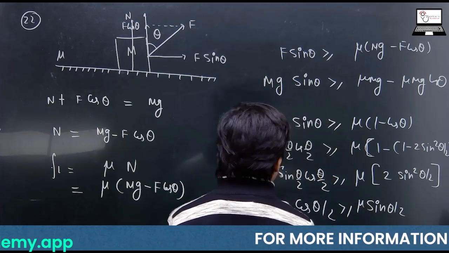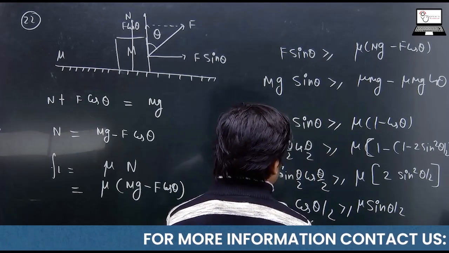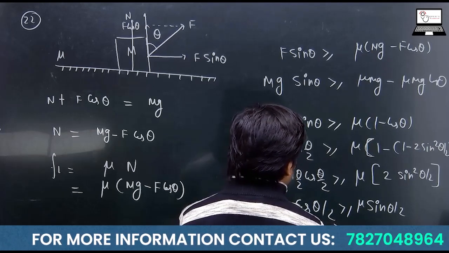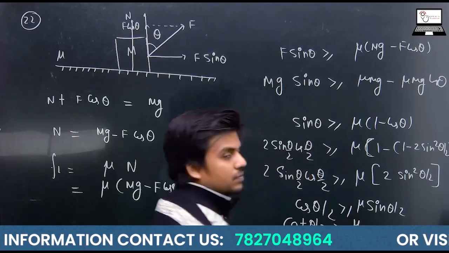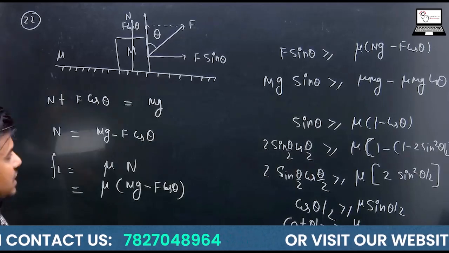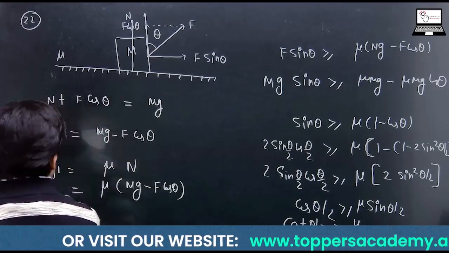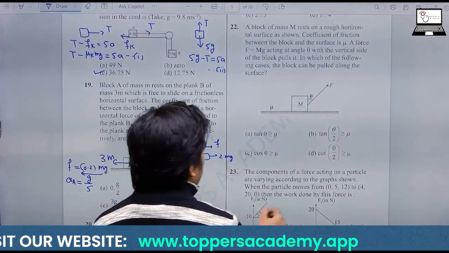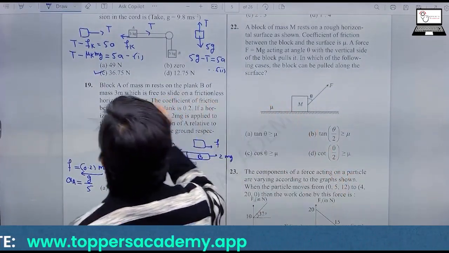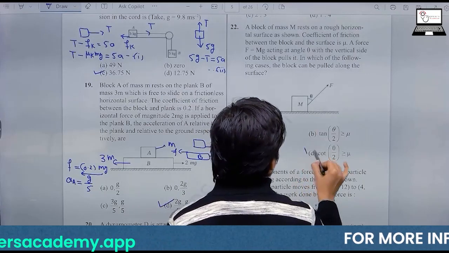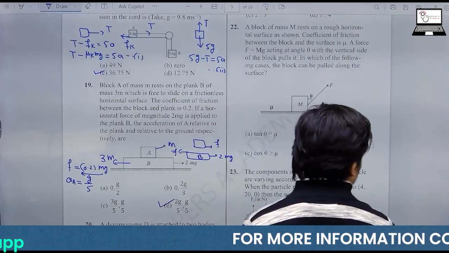From here you can write that cot theta by 2 is greater than or equal to mu. So option D is correct.